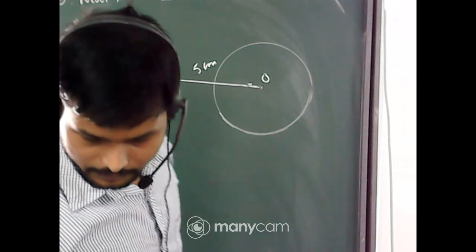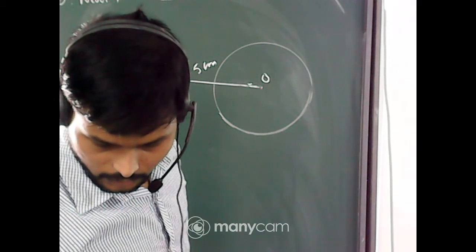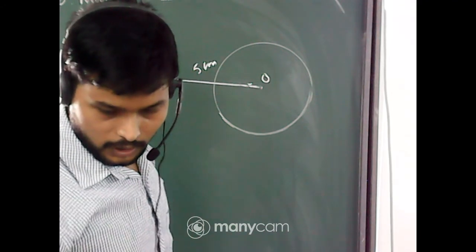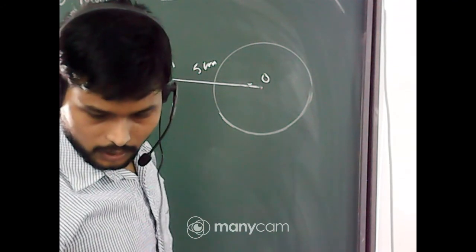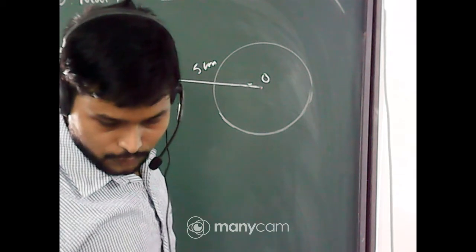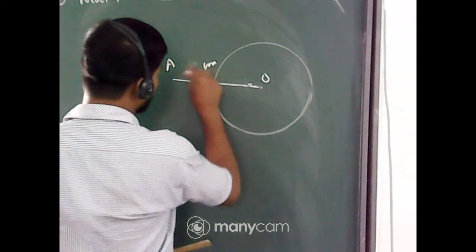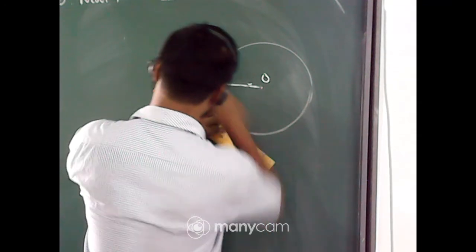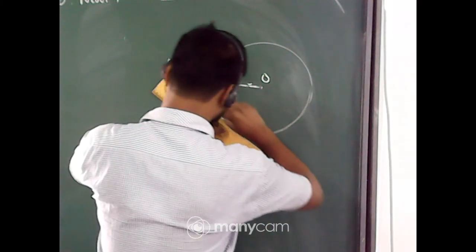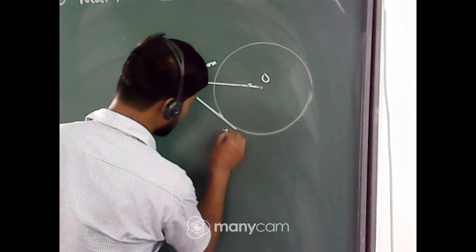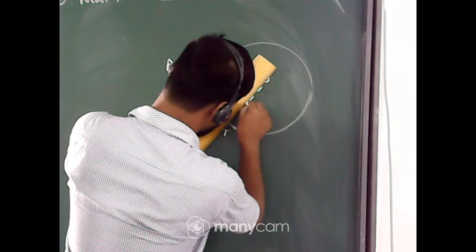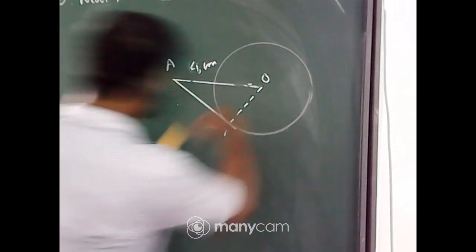And the length of the tangent is 4 centimeter. We have to find what is the radius of the circle, means what is the length of OT.